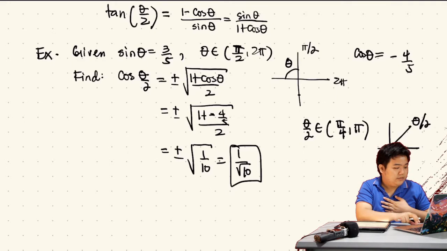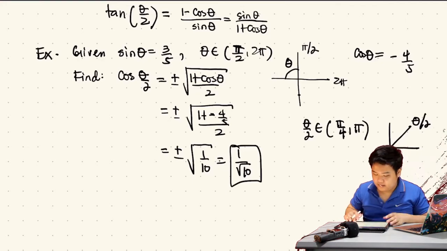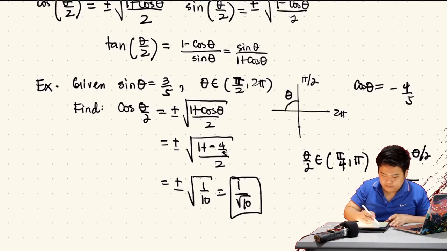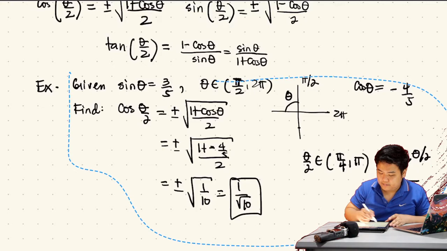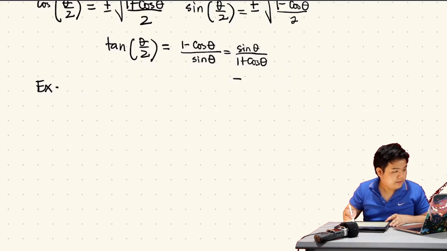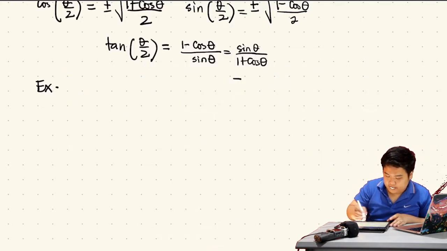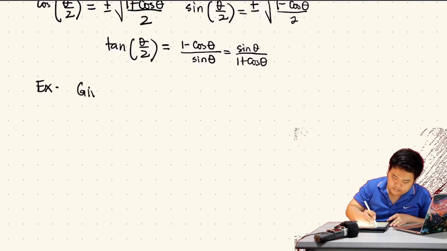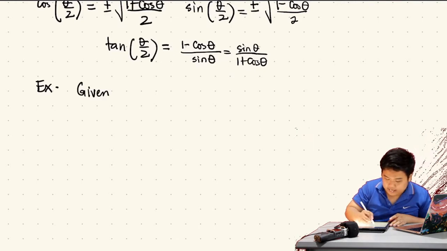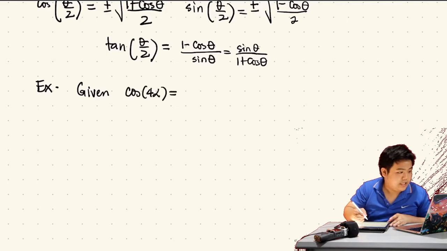Okay, so let's do 2 more examples. Ano pa maganda example? Let's try this one. Ito yung mga given. Let's say ang given sa atin is cosine 4 alpha, which is 3/5.